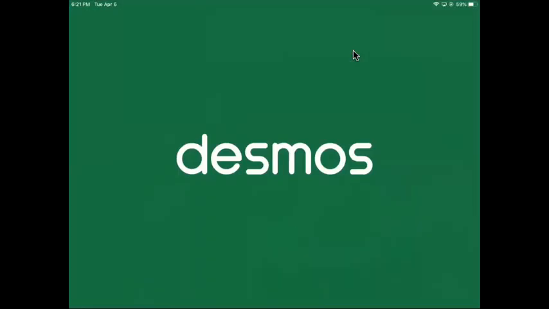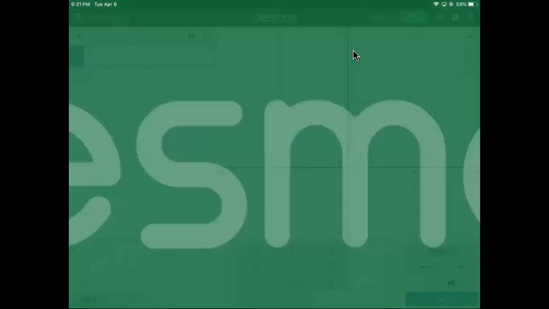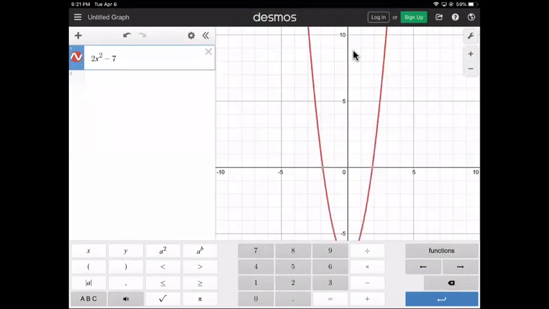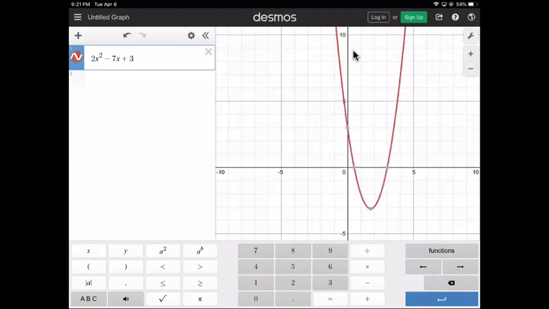So I'm going to go to Desmos and put this equation into my fancy Desmos app here. There we go. What's the equation? 2x squared minus 7x plus 3 equals y. And there's your graph.